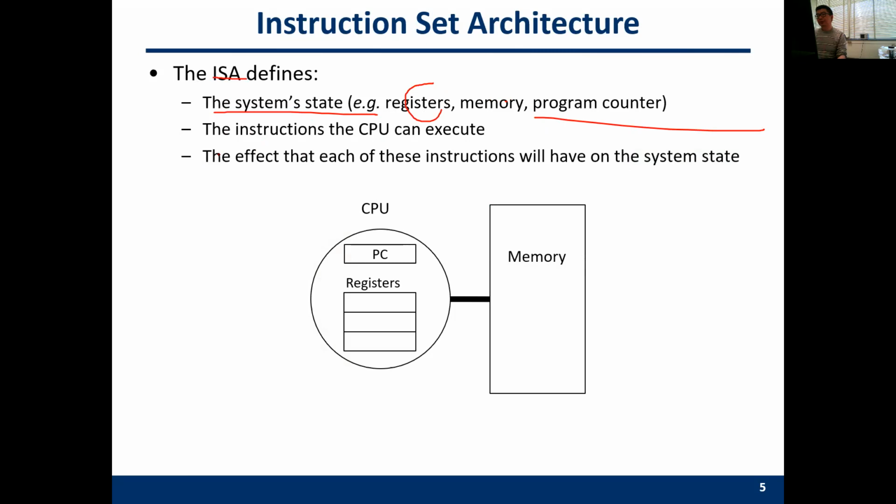And of course, the instruction set defines the instructions one CPU can process, and the effect that each of these instructions will have on the system state. So by one instruction, you can switch to another application. Or by one jump instruction, you can jump to another basic block or another loop of your code.